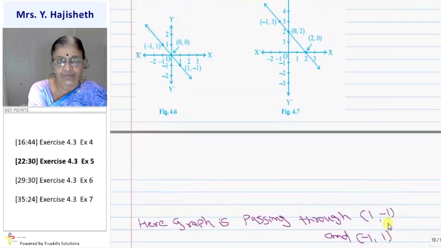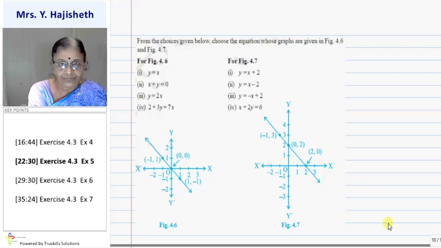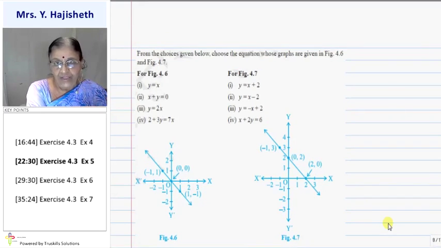See the graph 4.7. Here (2, 0), (0, 2) and (-1, 3). Three solutions are given. Right? If I put (2, 0) in the equation y is x plus 2, my answer is 0 is 2 plus 2, not satisfied. So (2, 0) does not satisfy equation number 1. (2, 0) satisfies equation number 2.